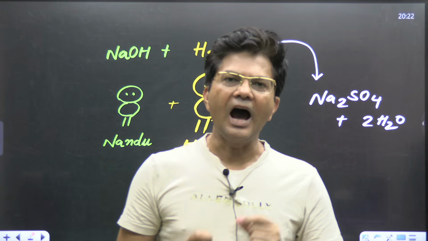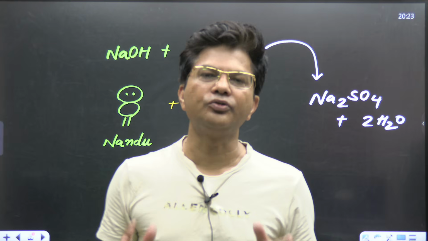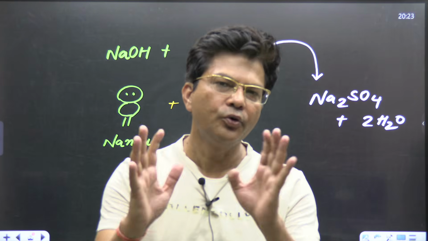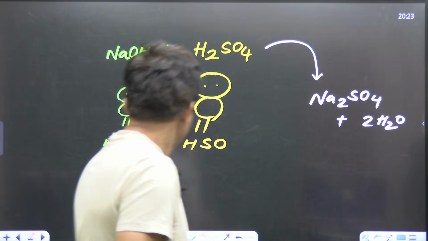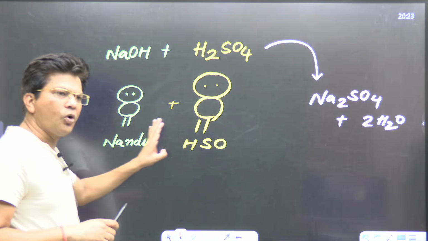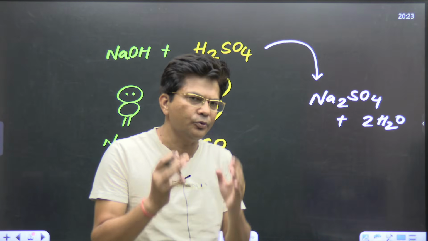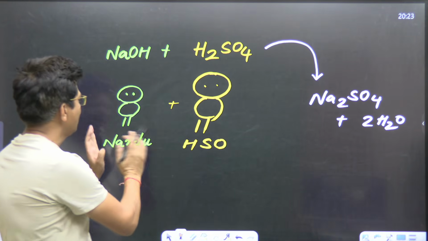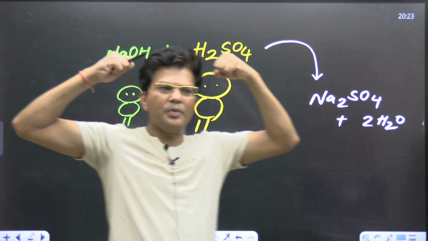Right now, I will tell you one simple fundamental thing that is going to solve near about 4 chapters' questions. Let's start with two types of people, Nandu and Hassu. As you can see, Nandu is weaker and Hassu is double, means powerful.